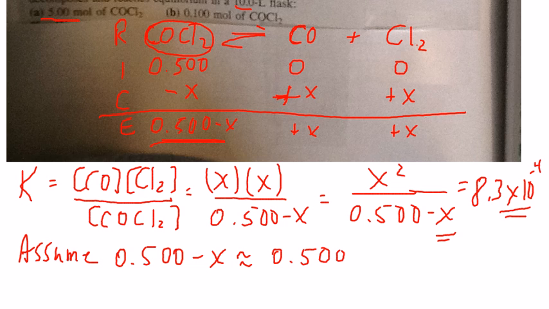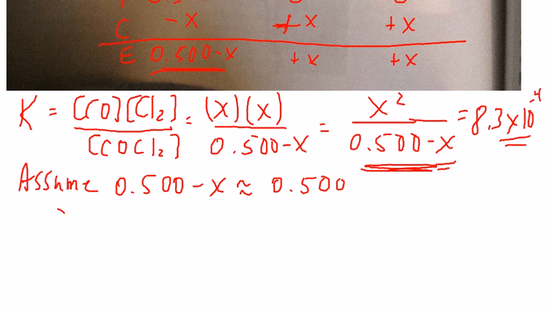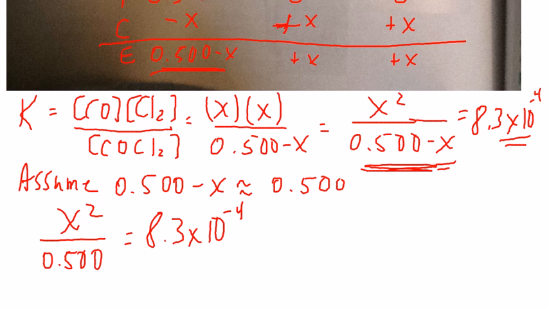There's a way to check whether this assumption is valid at the end, but this will allow us to simplify the whole bottom part of this equation. So this now simplifies to x squared over 0.500 is equal to 8.3 times 10 to the negative 4.